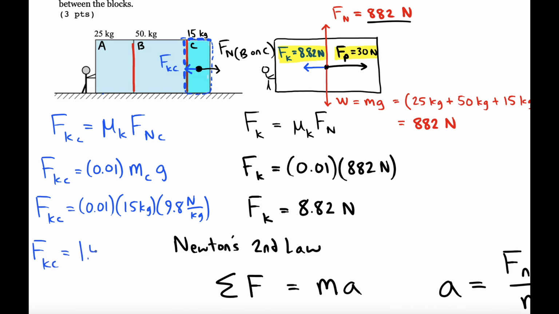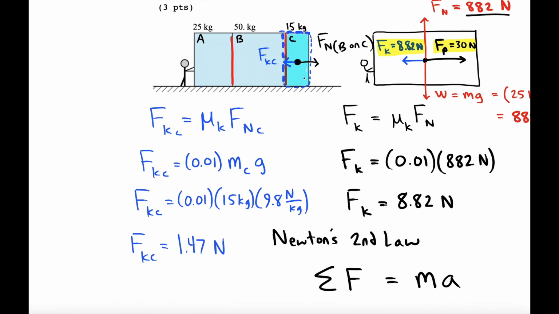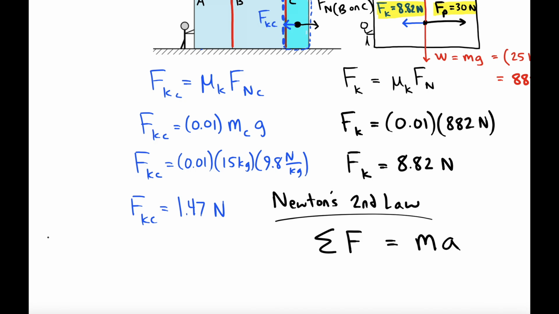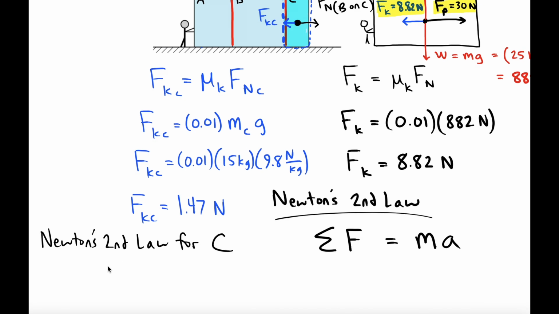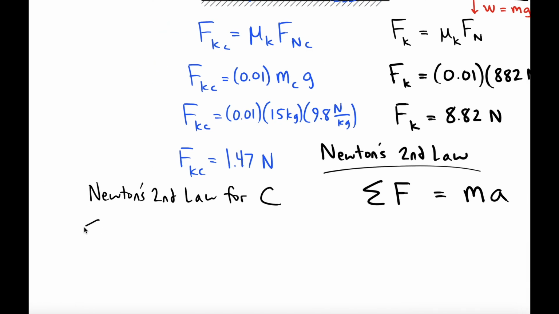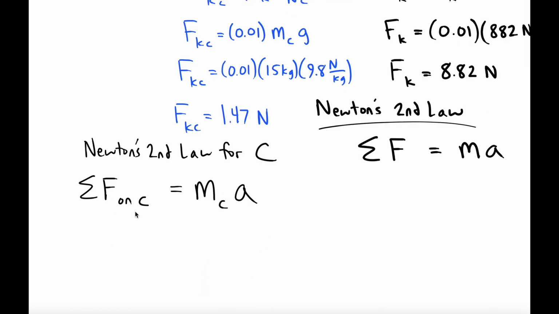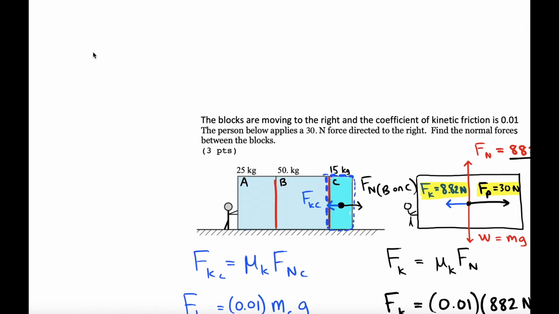It's 1.47 newtons friction, and at that point we'd want to use Newton's second law for block C. So I'll say the sum of the forces on C will equal the mass of C times its acceleration. And so what are the forces acting on C? That would be these two forces. Now, of course, it's got a normal force and a weight as well, but they don't matter when it comes to the net because they cancel each other out.